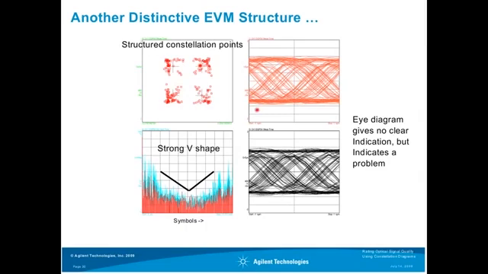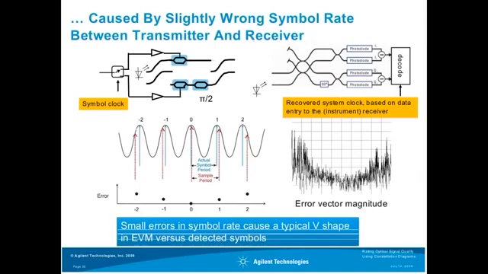And when we look at the error vector magnitude, we see here a very pronounced strong V-shape. Here again, we see the symbols aligned that we are analyzing. So the eye diagram gives no clear indication, but indicates a problem.